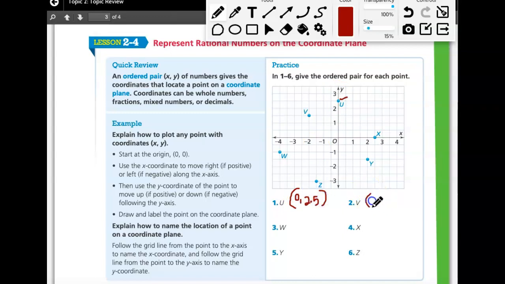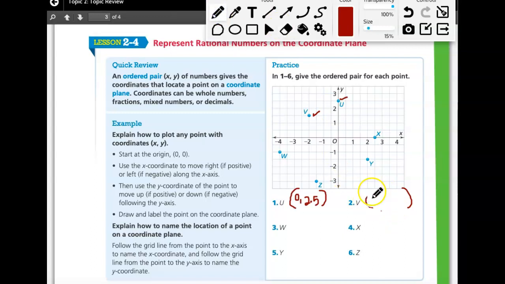The v is here. So that x is -2. This is always x and y. And then the y will be at 1.5. Let me erase that a little bit clearly because I don't want you to think that that's a negative number.